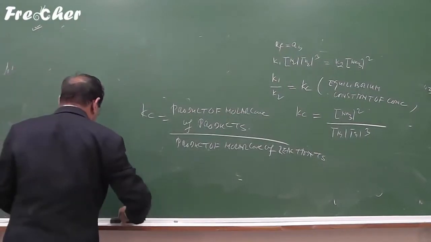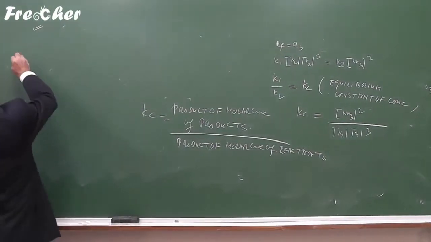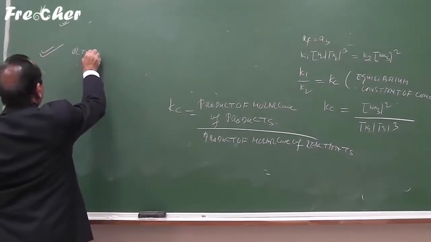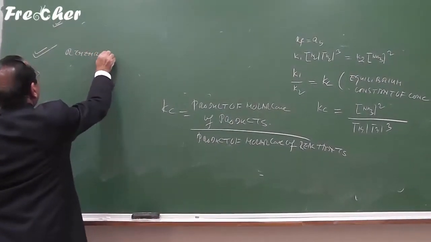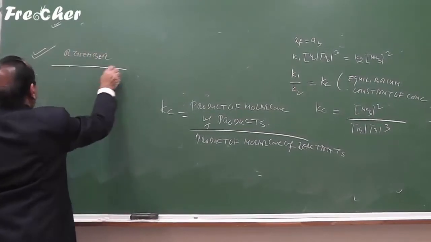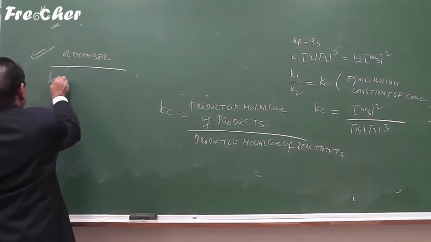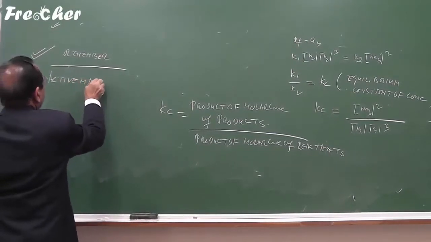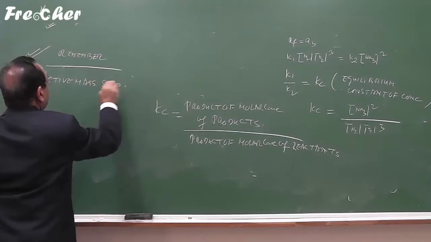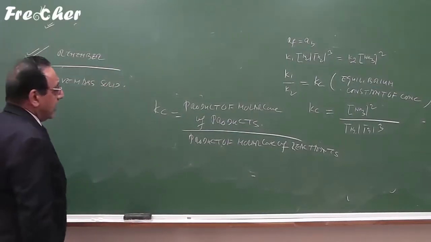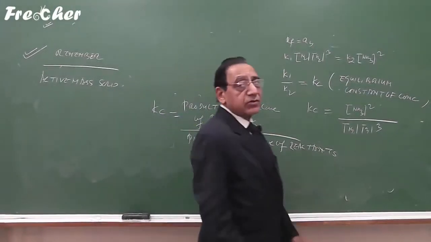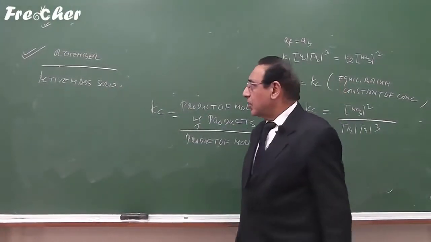Now we have to remember, this is very important, remember. Active mass of solid. The solid, I have taken calcium carbonate, but I have not dissolved it in water, I have not made any solution, it is insoluble in water.